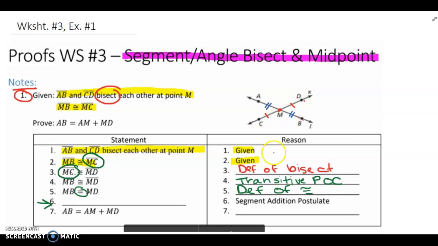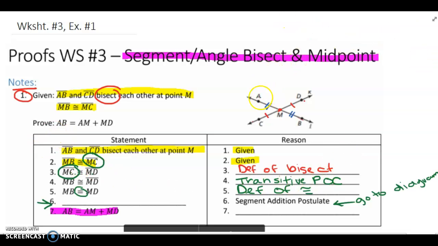Okay, well, anytime we have the segment addition postulate, that means we need to go to the diagram. We need to read the diagram to come up with what we need. All right, so if we look at 7, I know I'm kind of jumping forward, but it's AB equals AM plus MD. So I'm guessing that we need to figure out, according to the segment addition postulate, what AB is equal to.